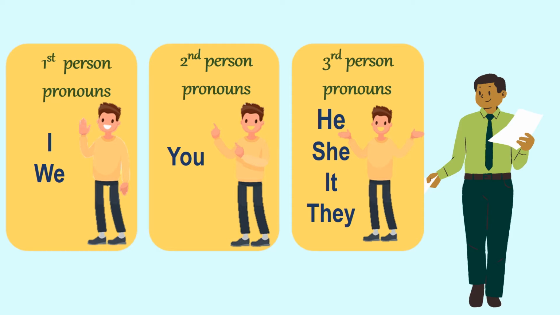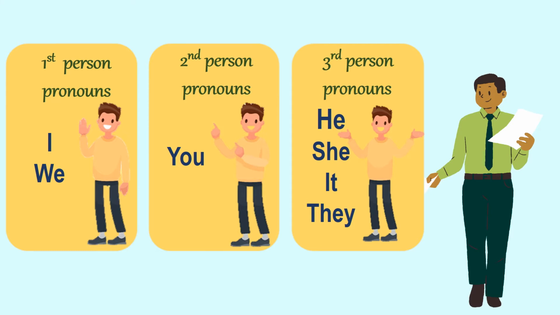The first person pronoun, the second person pronoun, and the third person pronoun. So the first person is, as you know, me, who is talking, who is directly involved in any manner. So the first person pronouns are I and we. I for the singular, we for the plural.